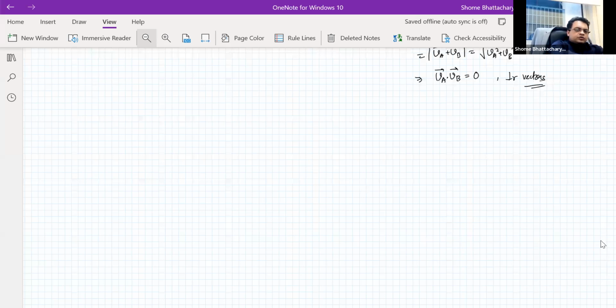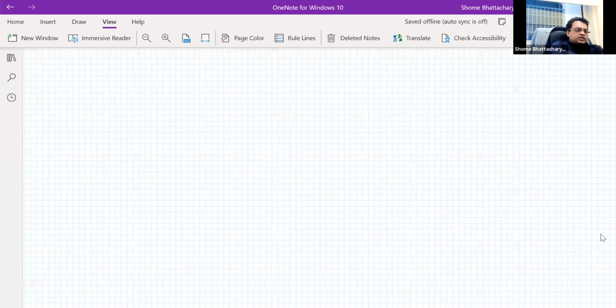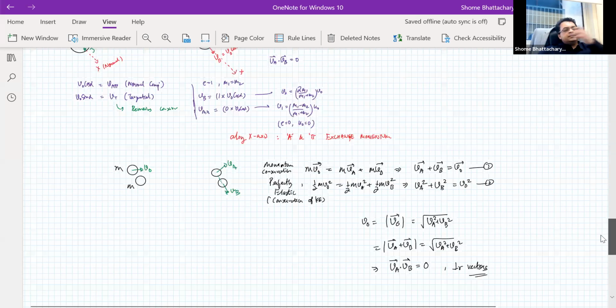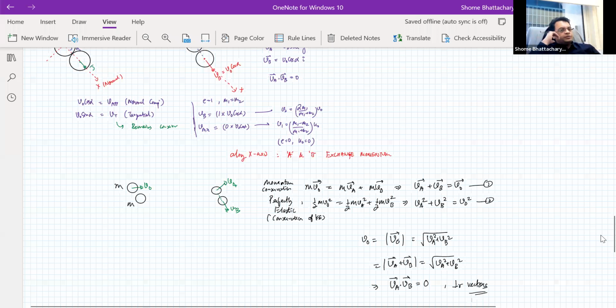Which of course also shows us that if the collision is not perfectly elastic, or let's say if the collision is elastic but the masses are not equal, then this condition will not be satisfied. It's a special condition for this to happen: both the masses should be equal, the collision should be perfectly elastic, and it should be oblique. It should not be head on.